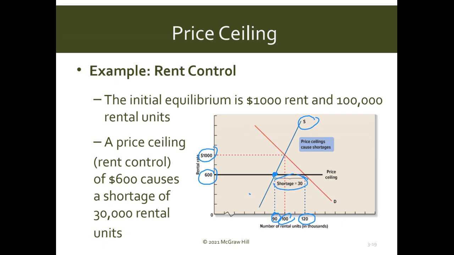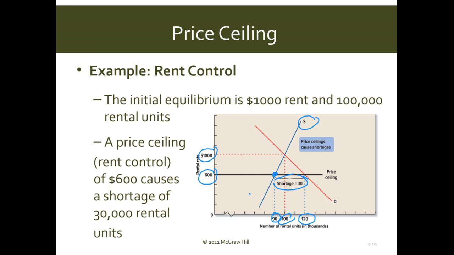That is, 30 individuals or families are unable to find these available 90 apartments. That is the problem with rent control or price ceiling: it creates shortages.